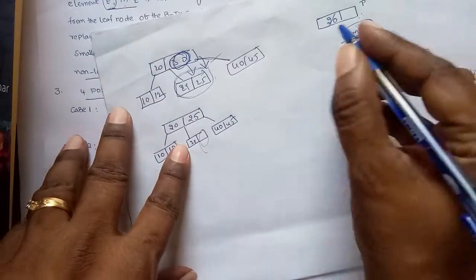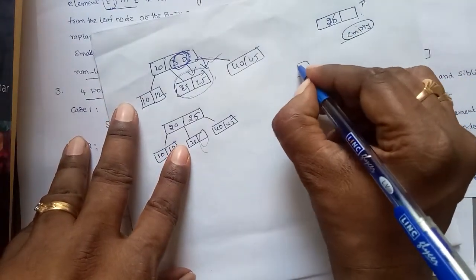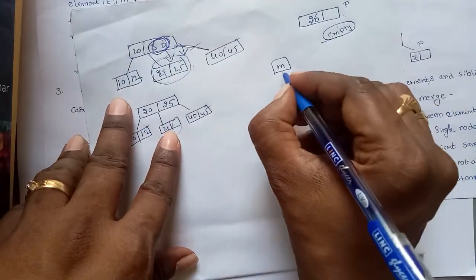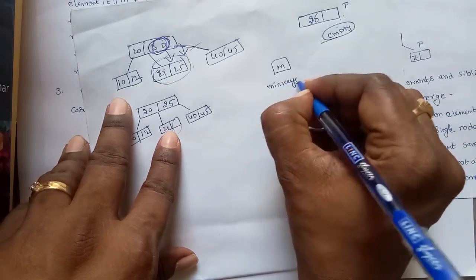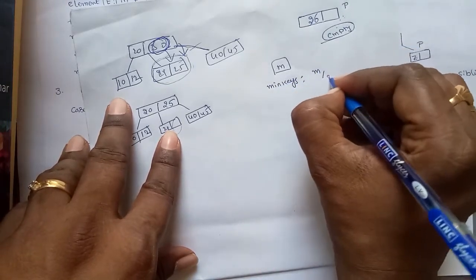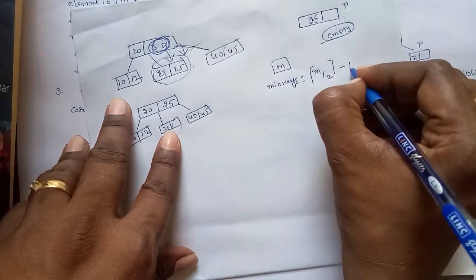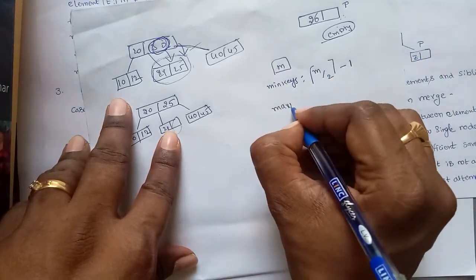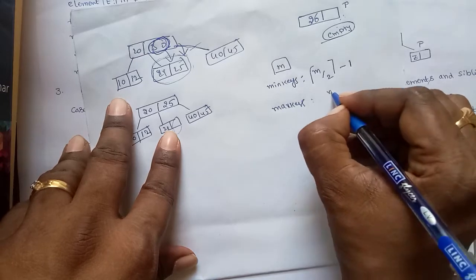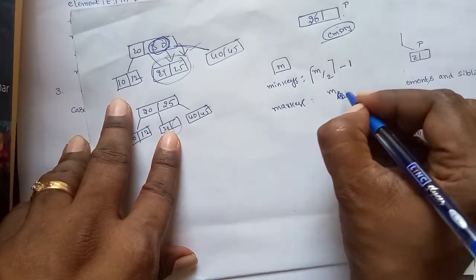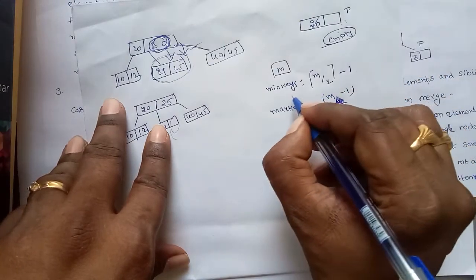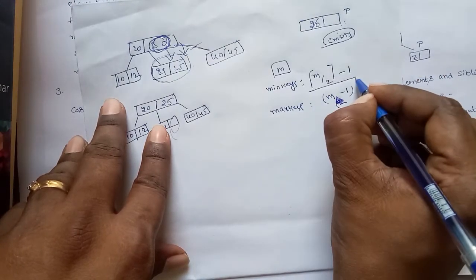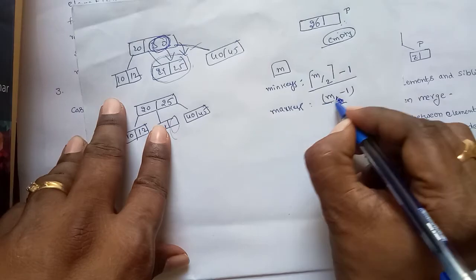Now remember, for a B-tree of order m, the minimum number of keys is m by 2 minus 1 and the maximum number of keys is m minus 1.